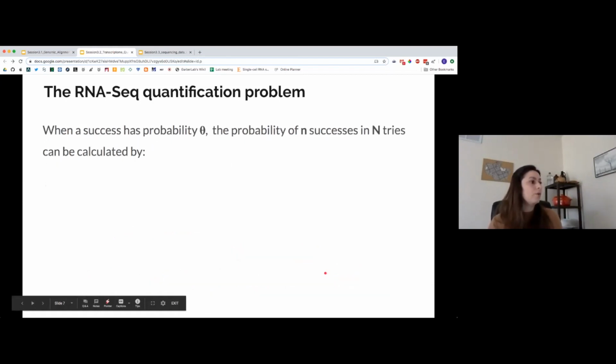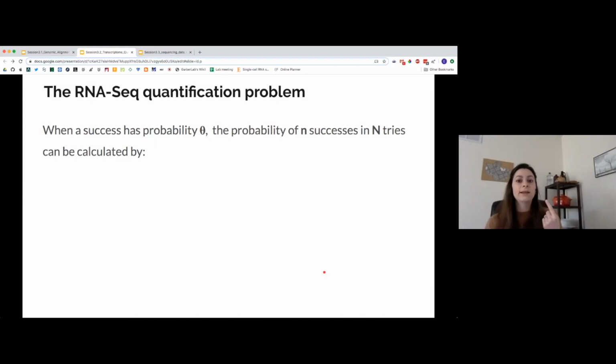All right, so when you simplify it like that, a success, which is the probability that you got a read, has the probability of theta, which is the relative abundance of the gene. And so what is the probability of obtaining lowercase n successes in capital N tries, which is the total number of reads you got?